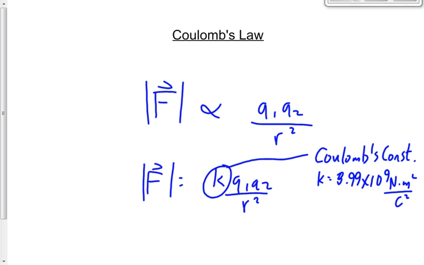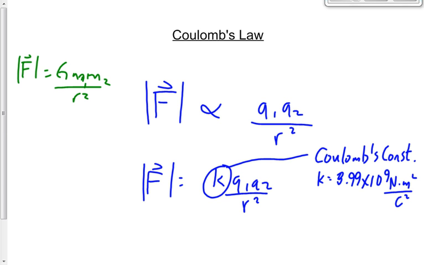Does this equation look a little bit familiar to you? You've never used this before, but you've used something that looks an awful lot like it. What is it, Oliver? Yes, Newton's law of universal gravitation. Newton's law of universal gravitation was G m1 m2 over R squared.